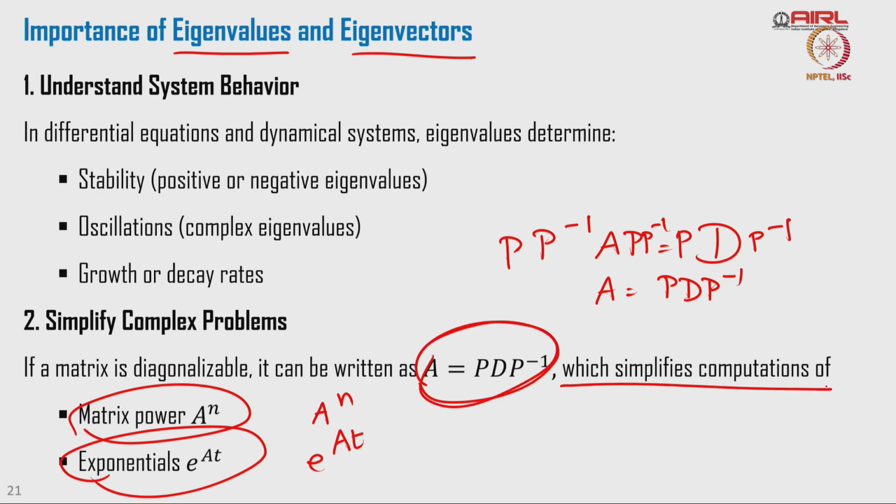And this simplifies the computations of matrix powers and exponentials, because if you remember, if we have, let's say, a diagonal matrix lambda 1, lambda 2, and we want to take the power 3 of this, it will just be simply lambda 1 cubed and lambda 2 cubed and nothing else.